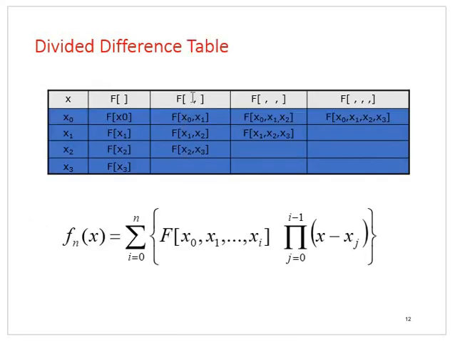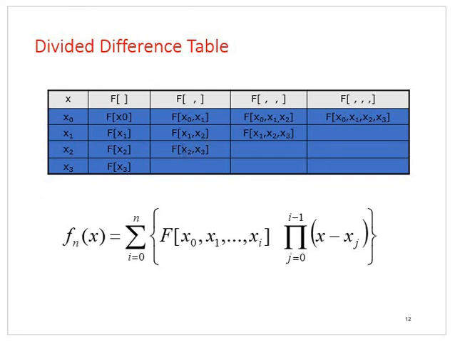All right, so this is the divided difference table. Here you will have your x, x0, x1, x2, x3, and then these are your values of f. And then this f of x0, x1, so this is the gradient between these 2 points. Then this is the gradient between x1 and x2.